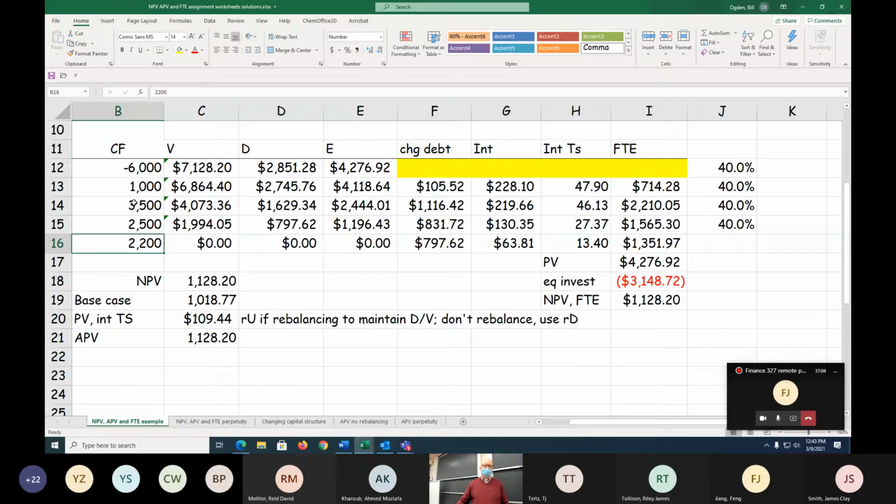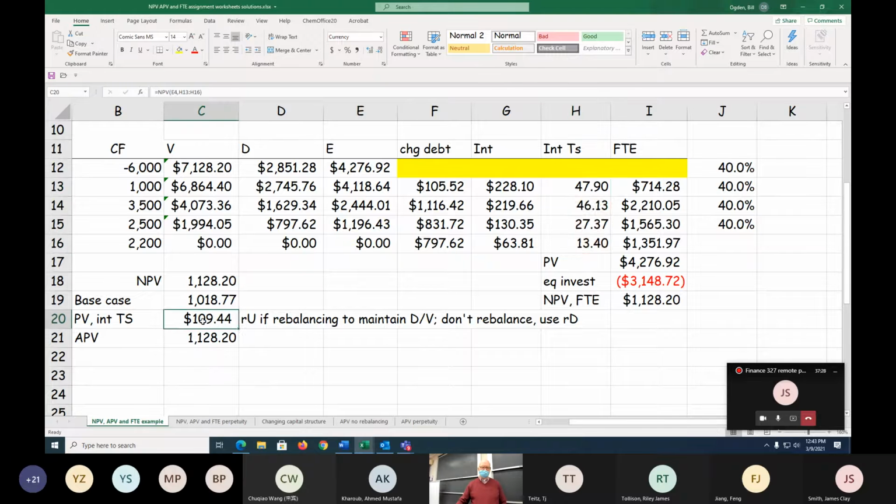So whatever is the right discount rate based on the volatility of this column would be the right discount rate for an equally volatile column here. So this is all RU, isn't it? RU and RU. All right.